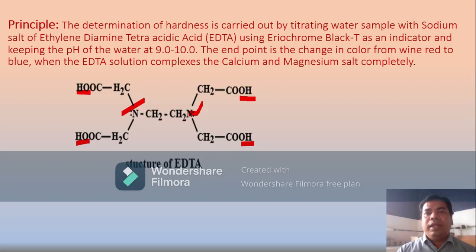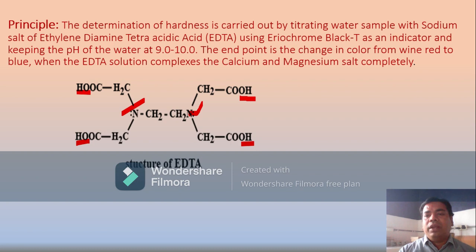When we add the EBT indicator to the water sample, the color is wine red. After titrating against the EDTA, the color changes from wine red to blue color. So that is very important. And here we should maintain the pH of the water at 9.0.